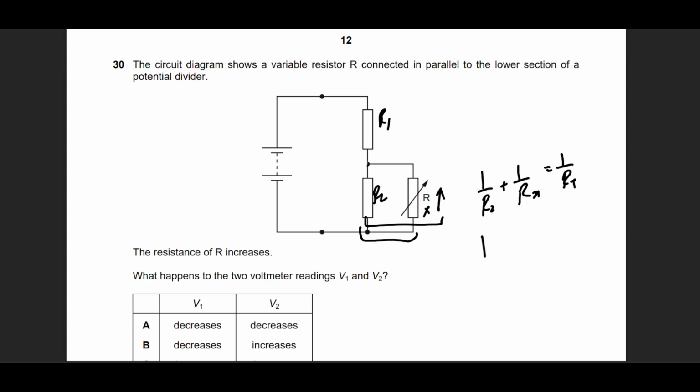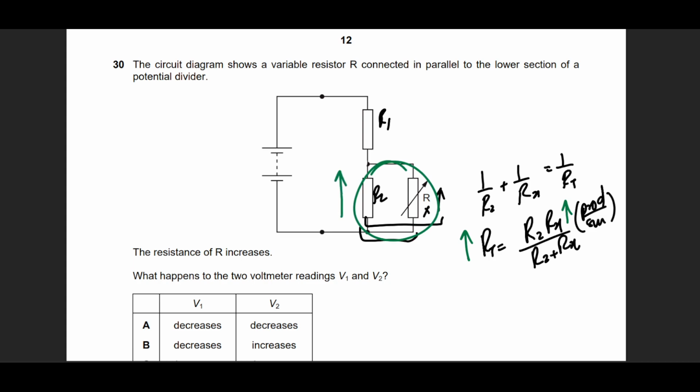If you take the LCM, this becomes R2 multiplied by Rx divided by R2 plus Rx. So primarily another shortcut, product over sum for parallel resistors. If you increase the value of R, the value of RT increases. So the whole combination experiences a rising resistance if you increase the resistance of one of the components, right?